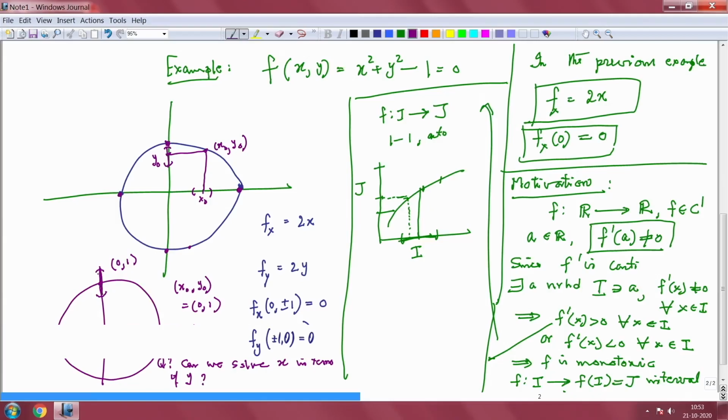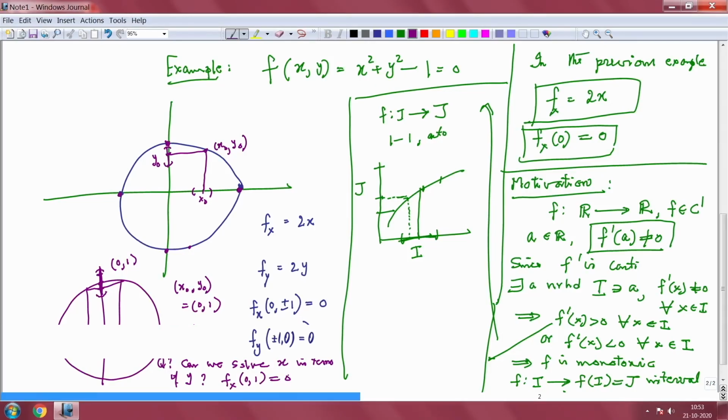So, if I choose y here, I have no solution. If I choose y equal to 1, of course, you have a solution. If I choose y below 1, I have 2 solutions, you see. So, there is a lack of unique solvability, and that is because at that point, the derivative of f with respect to x is equal to 0.